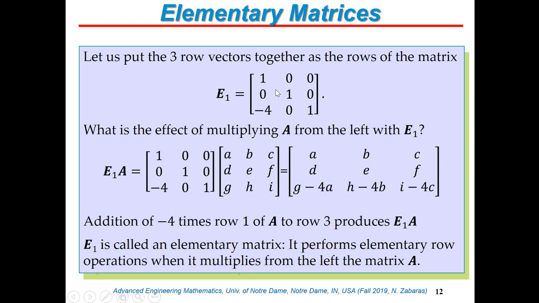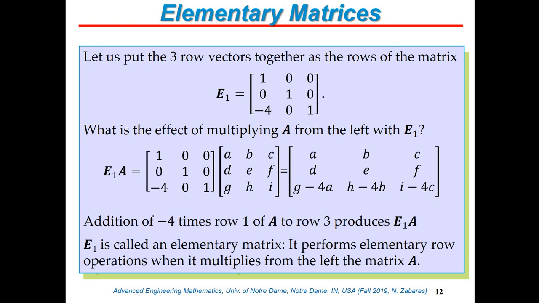Each of its rows is the row vectors that I had before, and I multiply with my matrix A, and effectively the results are exactly what you expect. The first row doesn't change, the second row doesn't change, and the third row is substituted by the third row minus 4 times the row 1 of the matrix. Okay, this is exactly what I had before.